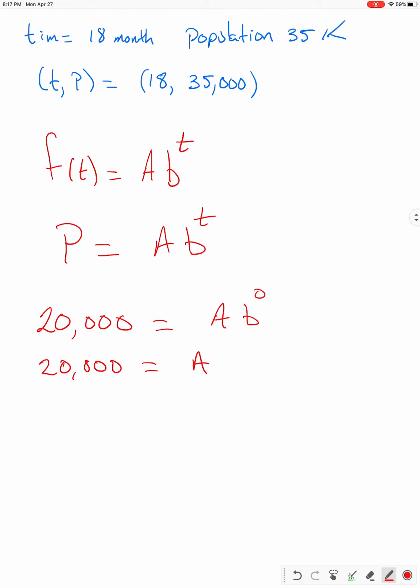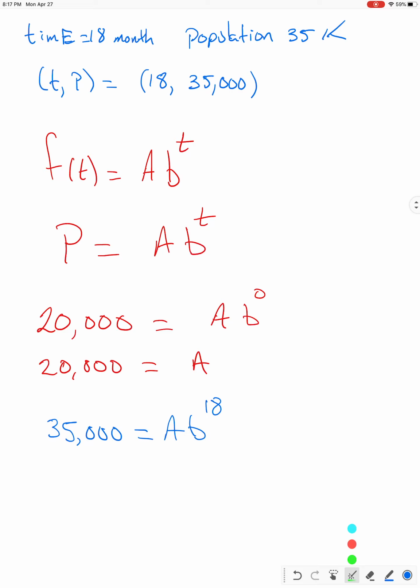So then when time equals 18 months, I have a population of 35,000. Now I'm going to use that information. So 35,000 equals a b raised to the t, but t is 18 in this case.